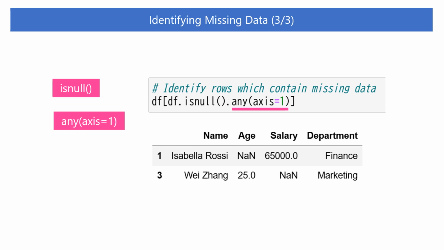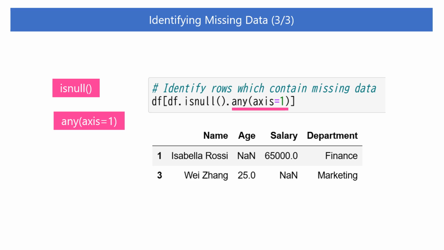Then, any(axis=1) is added after this. This checks if there's at least one missing value per row. The axis=1 means that we are checking on a per row basis. That is, it checks if there's at least one missing value in a row.